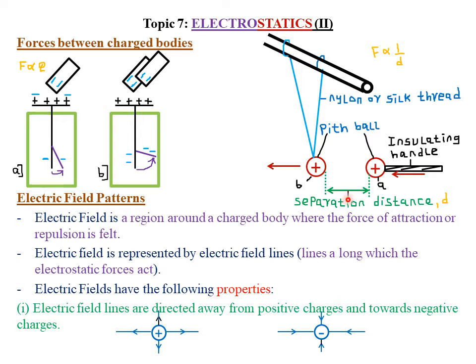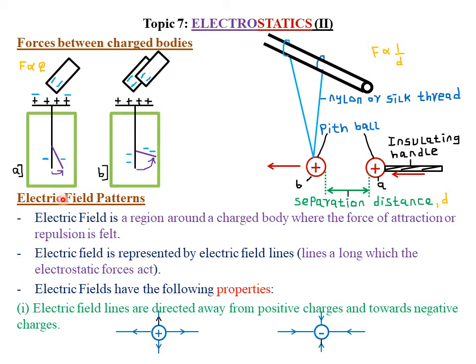So we have seen that the smaller the separation distance between the charges, the greater the electrostatic force, and the larger the separation distance, the smaller the electrostatic force. Therefore, we can conclude that the electrostatic force is inversely proportional to the separation distance.